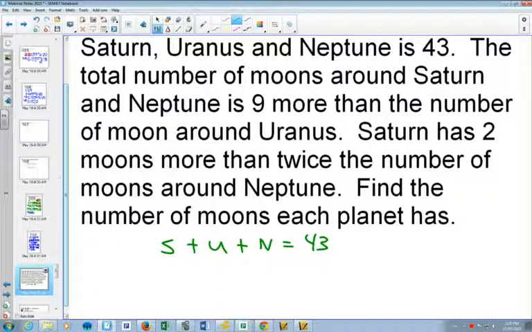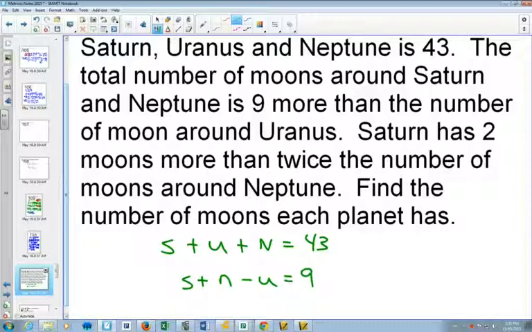So how are we going to write an equation for that sentence? Saturn plus Neptune is somehow related to how many are around Uranus. It's 9 more. Where am I going to put the plus 9? Okay. S plus N minus U equals 9. Okay with that?